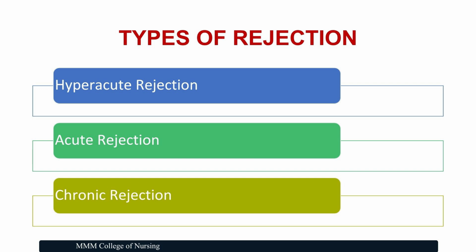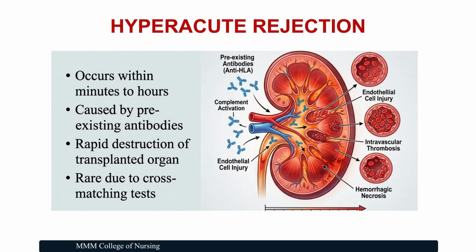There are three main types: hyperacute rejection, acute rejection, and the last one is chronic rejection. Okay, the first type is hyperacute rejection, the most rapid and severe form. This occurs within minutes to hours after transplantation. It happens because the recipient already has preformed antibodies against the donor antigens, often due to blood group incompatibility or prior sensitization.